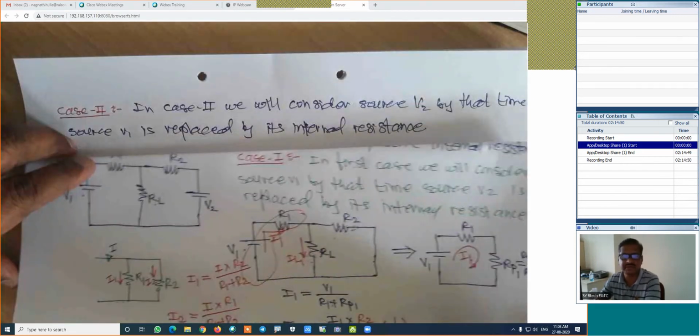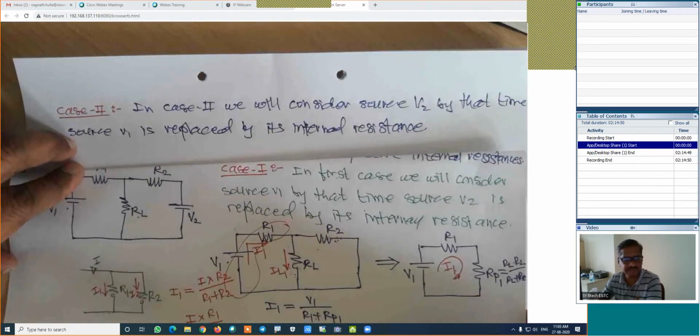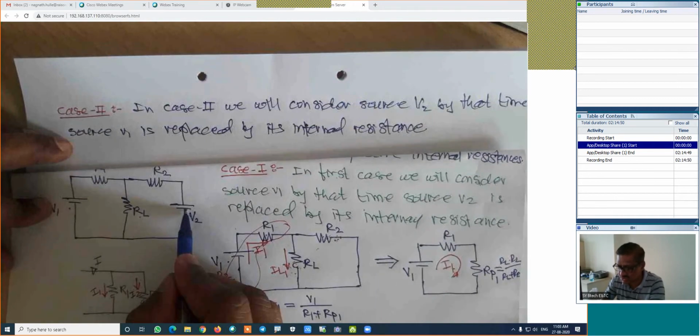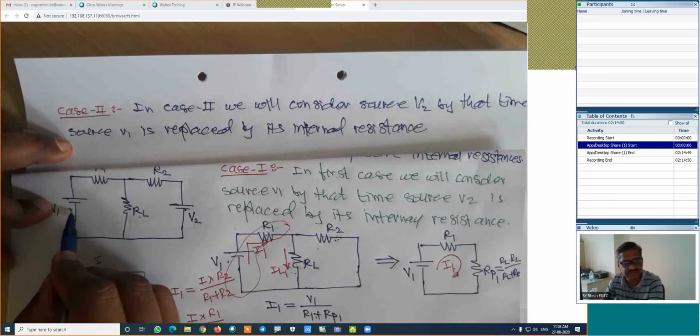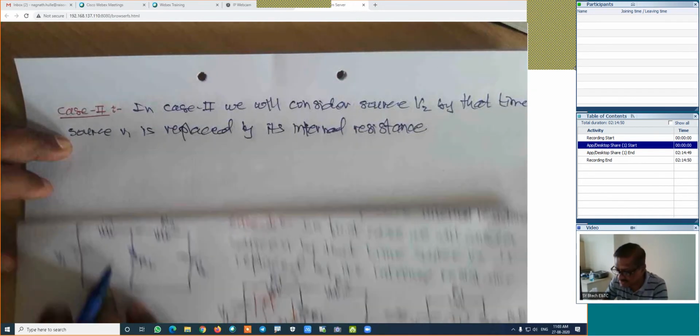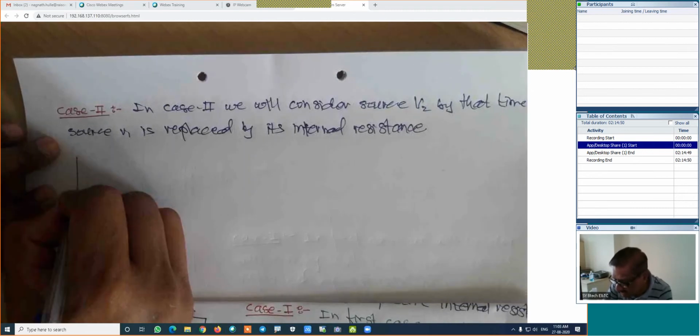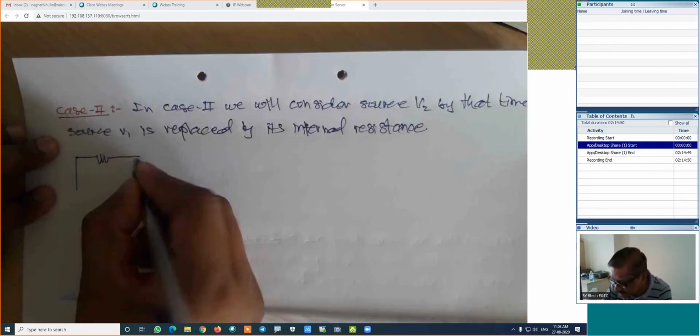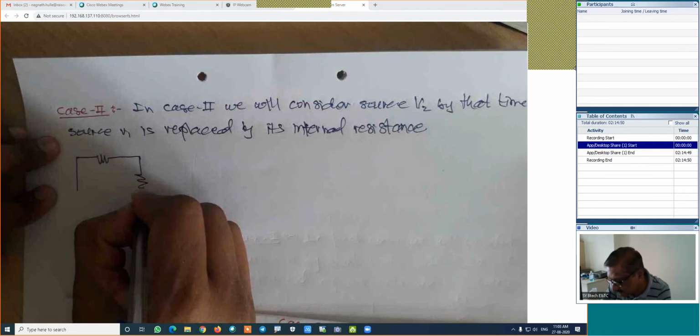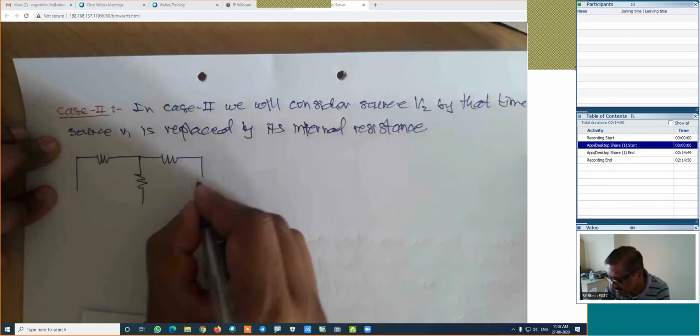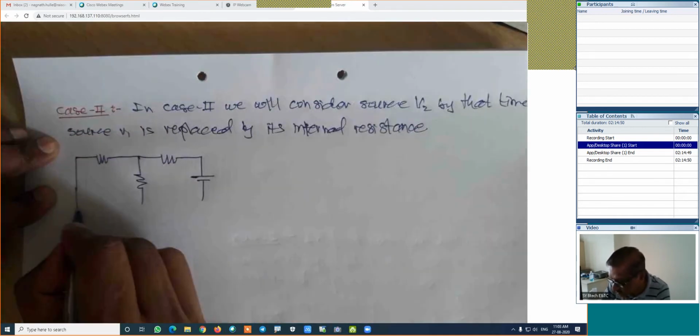Just here I will consider this source, and this source should be replaced by its internal resistance, that is 0 ohm. This figure will be something like this. This is the figure for case 2.